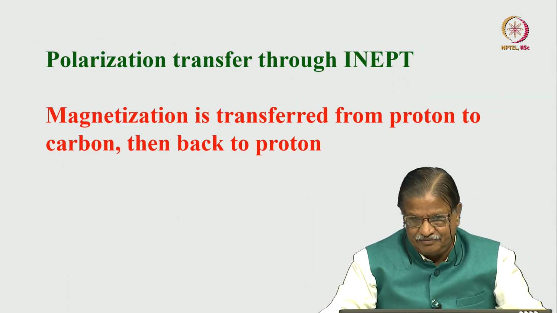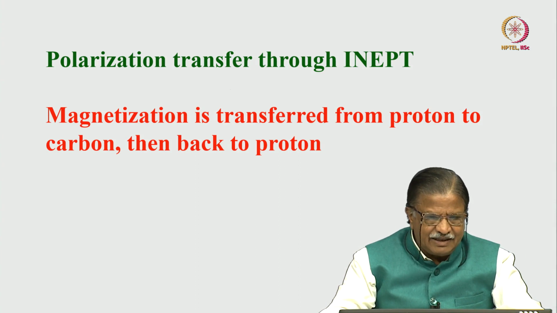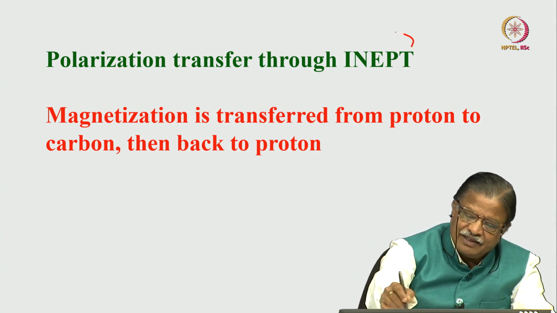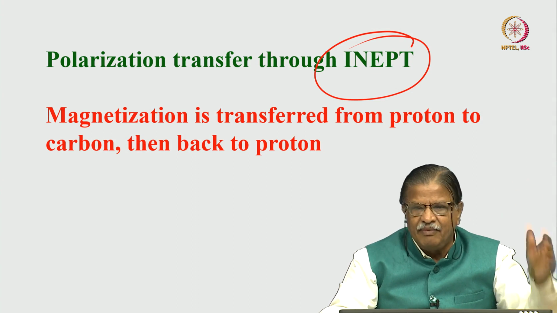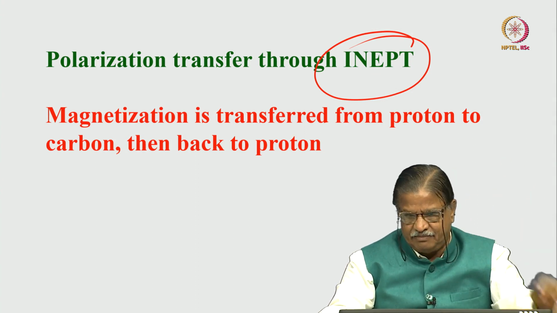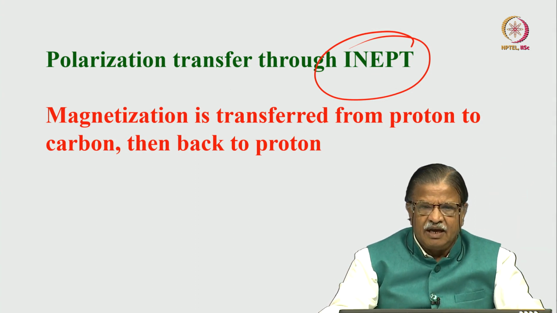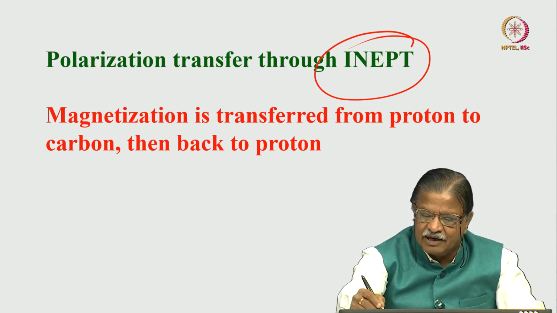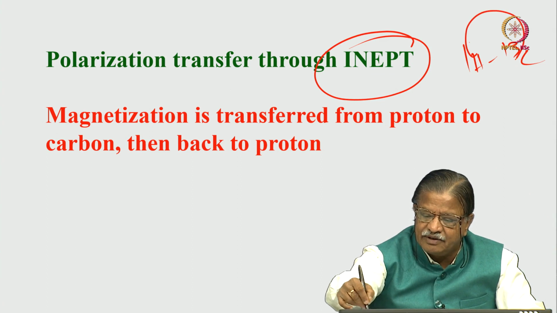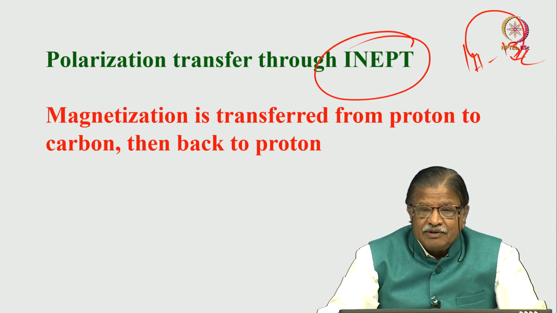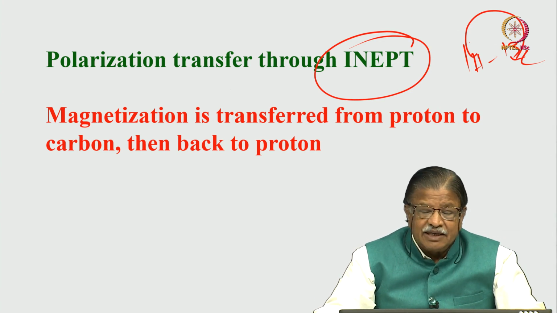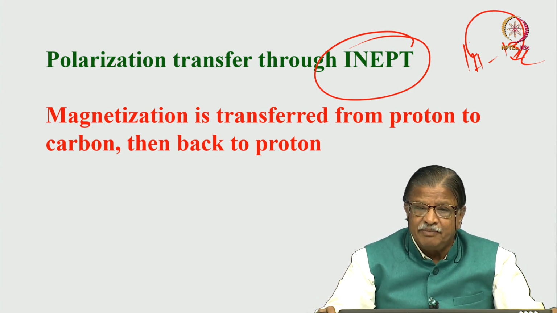How do we do that? It's a very simple way. We do the polarization transfer through INEPT. This is always done from abundant spins to rare spins, dilute spins. If we take proton and carbon, the abundant spin is proton, and I give magnetization to carbon. Then if I detect carbon, we are again detecting carbon. That's the problem.